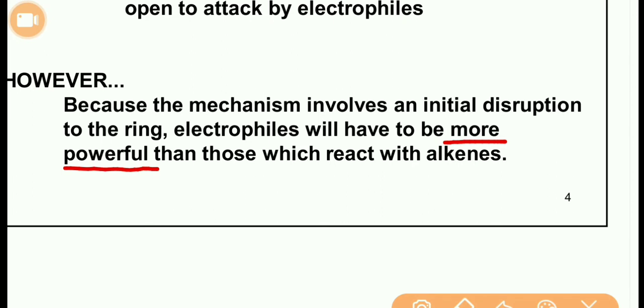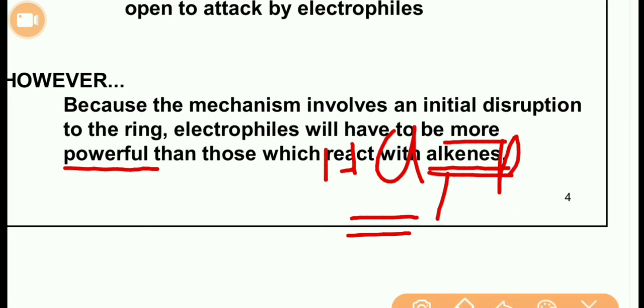Any electrophile can easily attack on alkenes, but to attack the benzene ring it must be powerful. We can say the alkene can be attacked by HCl, can be attacked by Br.